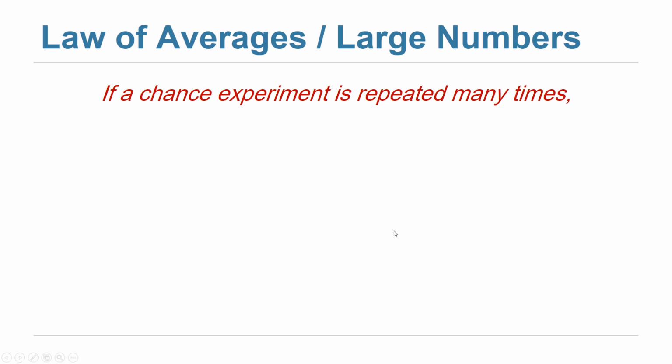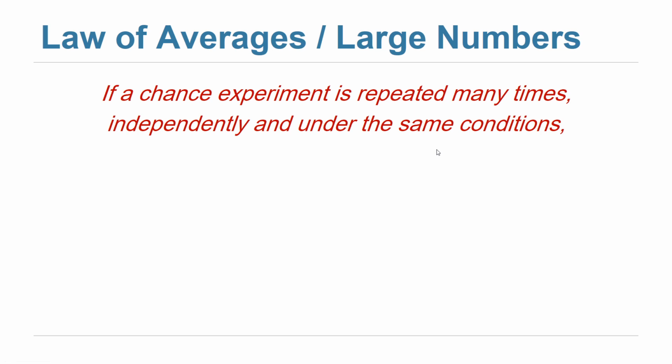If a chance experiment is repeated many times, independently and under the same conditions, what do you mean by independently? It doesn't depend on the experiment before.